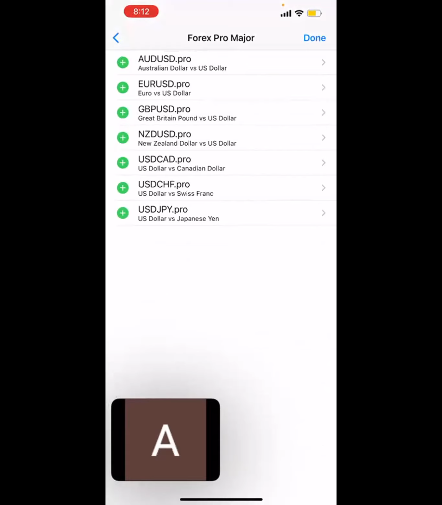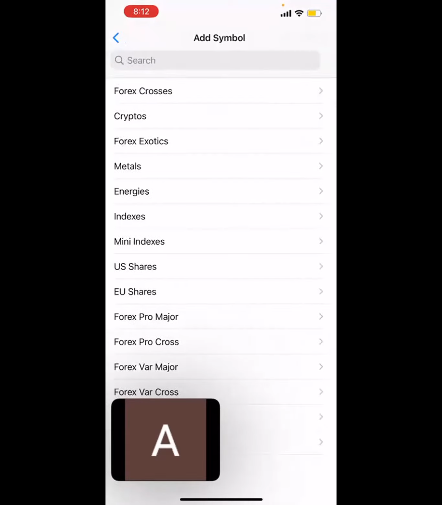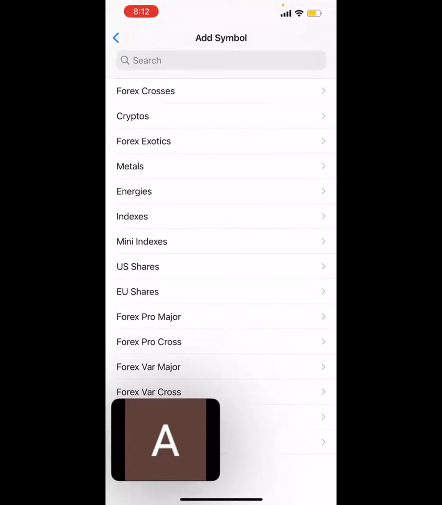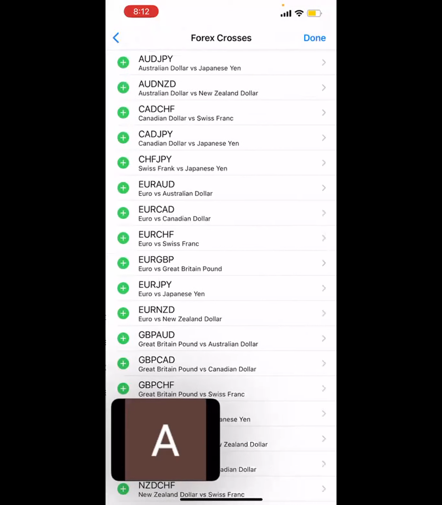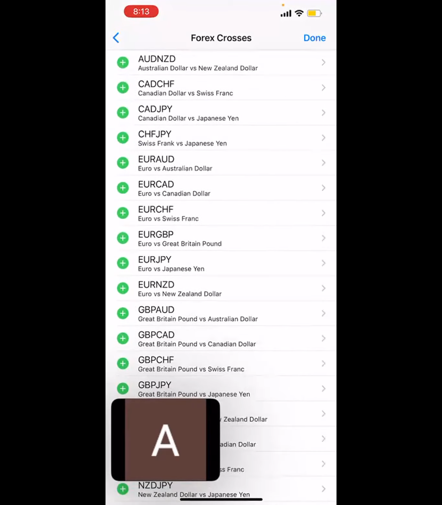Tap on it. No, go out of here. Click that arrow back. Forex crosses. Good. Now they have a plus in front of all those currency pairs. As you're tapping the plus, you are automatically adding those currencies to the list. So keep clicking on those plus icons in the front.